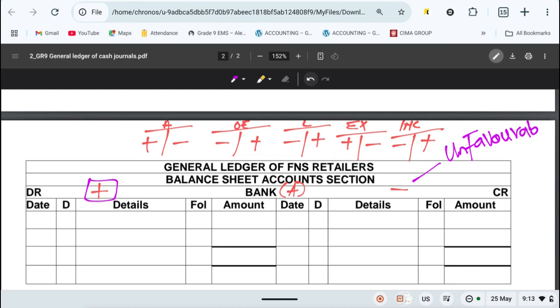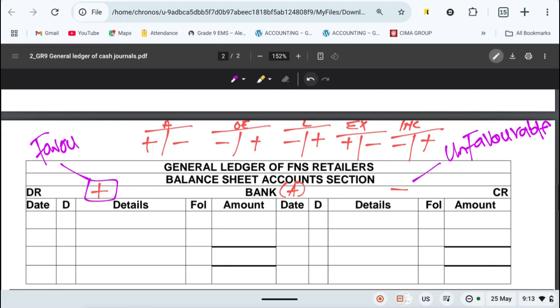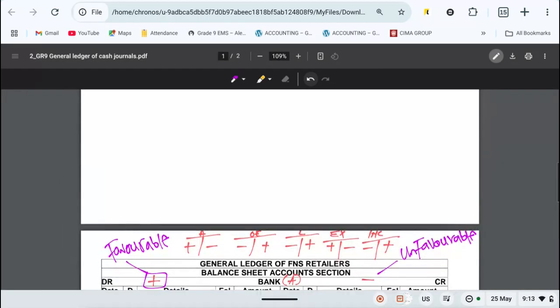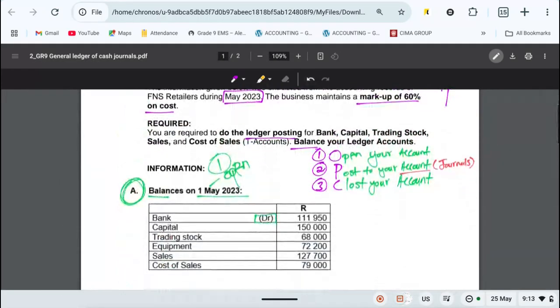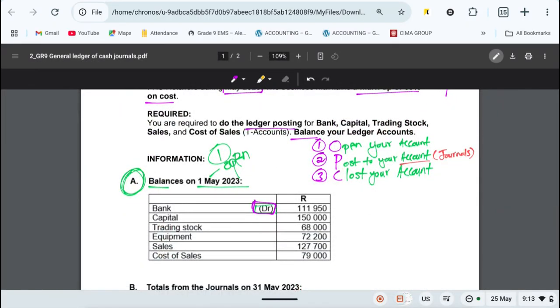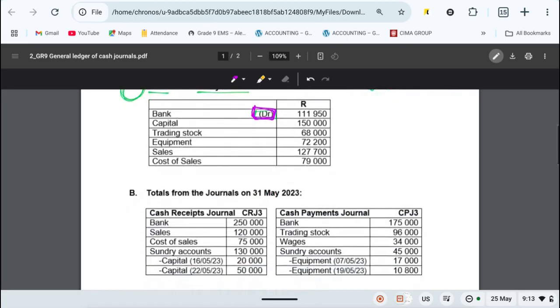So we know that the bank balance is unfavorable if it's on the negative side. It's a bank overdraft. But if the balance is on this side, that means it is favorable, meaning it's a positive bank balance. That is why they have to tell you where the balance is for the bank account. So that means the bank account is favorable. I hope you understand that.